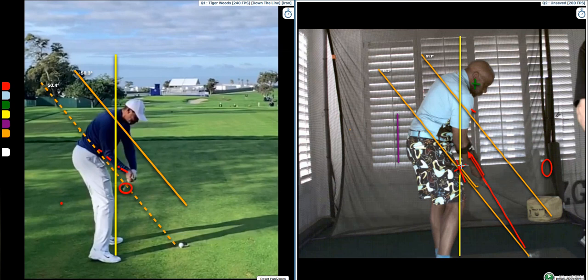Okay, and this orange line is where it was at address. So the club is actually what, 4 inches closer to the ball. It's so close to the ball that you have to stand it up. See that angle that the impact shaft is on? That's like 15 degrees higher than before.